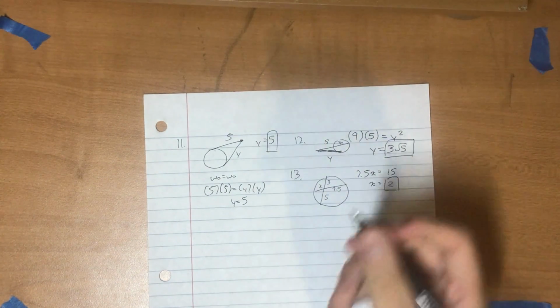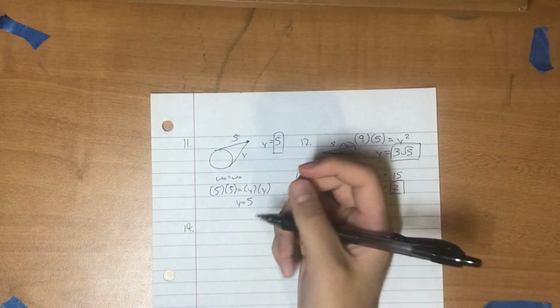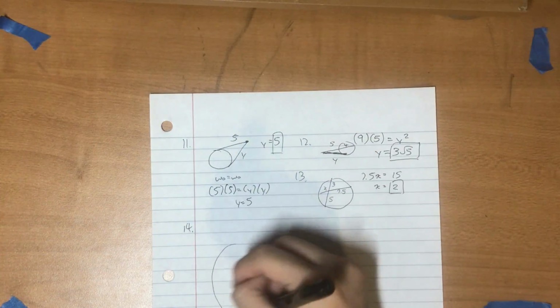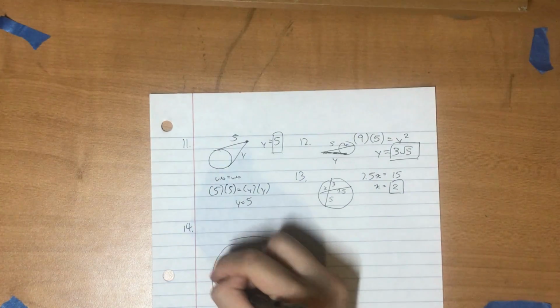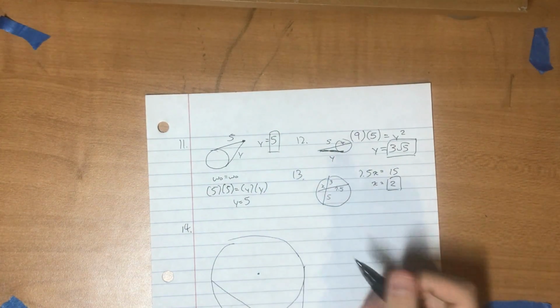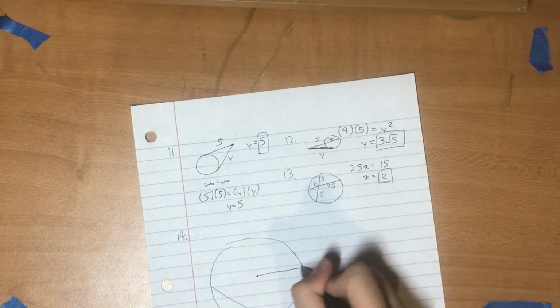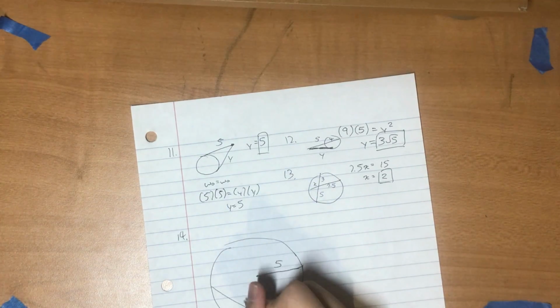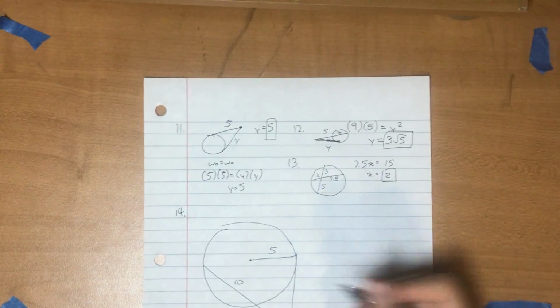Number 14. This was a question that went like this. That's the center. That's 5, 10, that's 2.